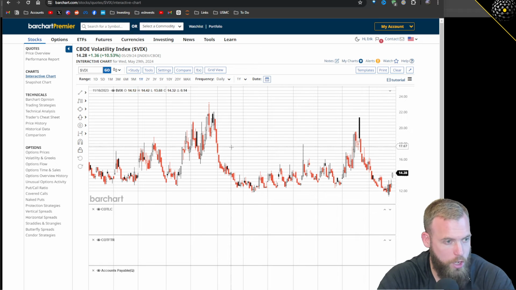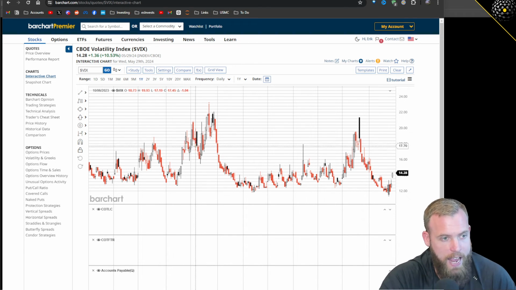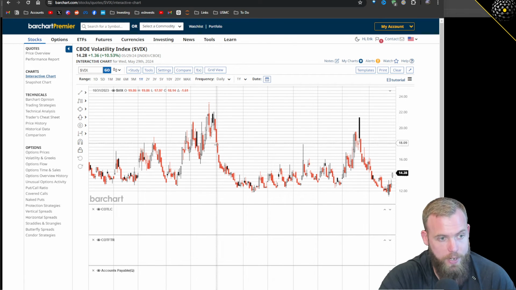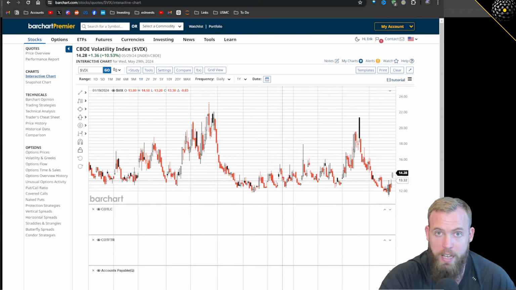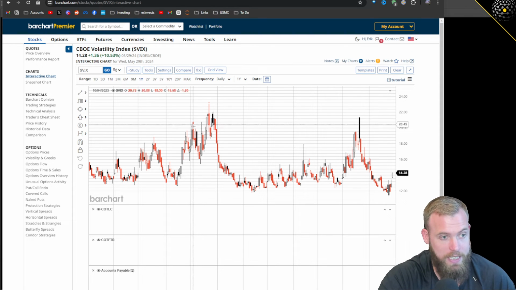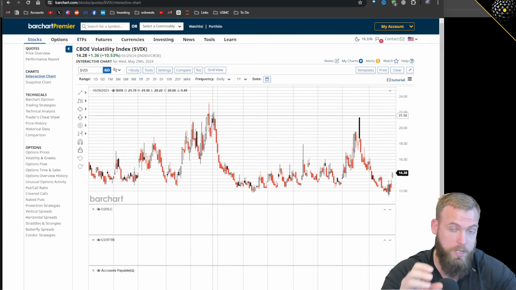If we come over here to bar chart, we grab the VIX. Notice how price kind of hangs around itself wherever it is, and then it goes through this transition phase, and then it kind of hangs around again in whatever that new level is. Clustering is just the propensity for volatility to hang around at set levels for extended durations or sometimes shorter durations.